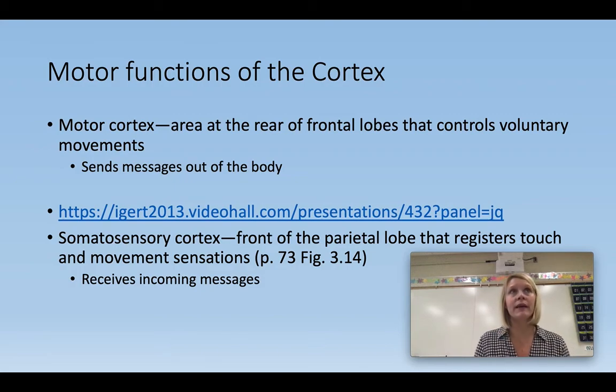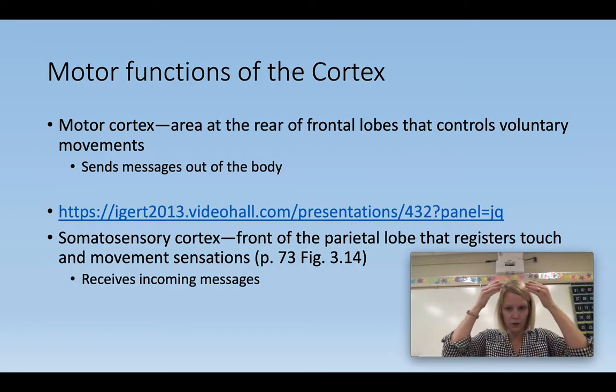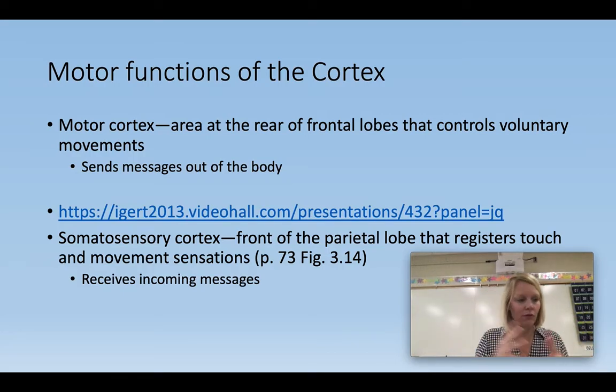We're talking dribbling a basketball, or doing gymnastics, or driving a car, which actually takes a lot of motor movement. So the motor cortex is the area in the frontal lobe, closer to the back of the frontal lobe, that controls voluntary movements.